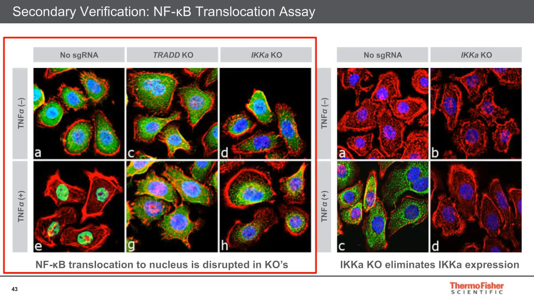On the right-hand side panel, we looked at IKK alpha activation using an anti-phosphorylated IKK alpha antibody. You can see in the parent, or no guide RNA treated cells, IKK alpha phosphorylation upon TNF alpha treatment, whereas in the IKK alpha knockout cells, you do not see that activation upon TNF alpha stimulation.